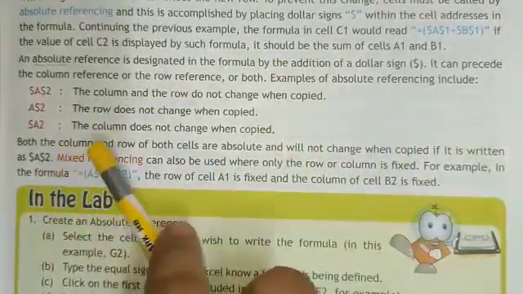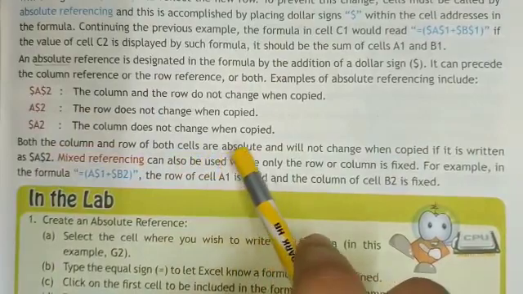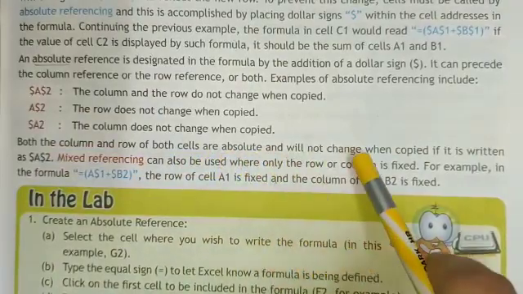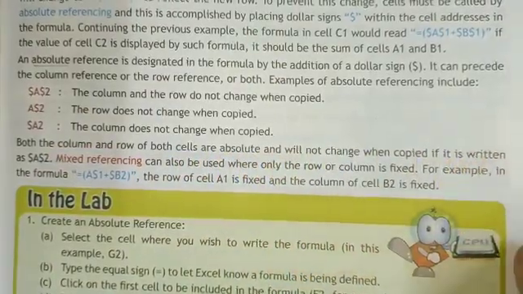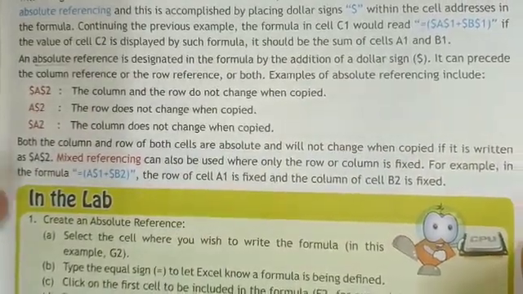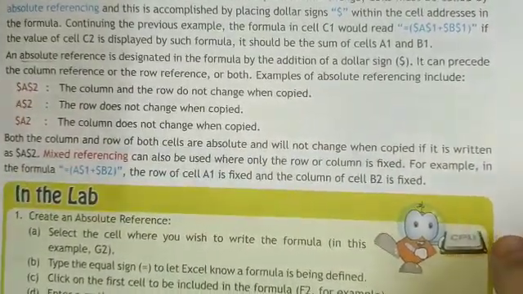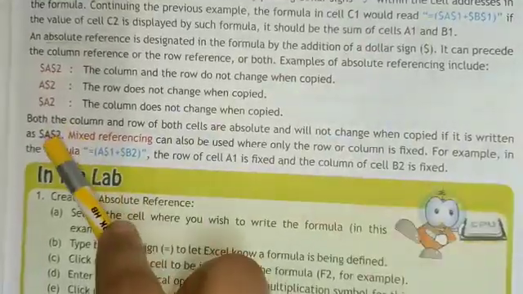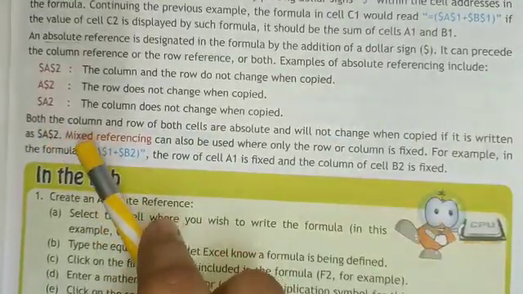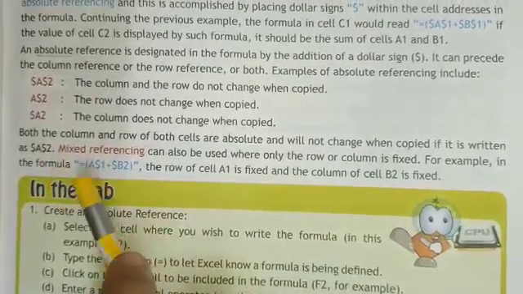If we write the reference like $A$2, both column and row will not get changed when copied.